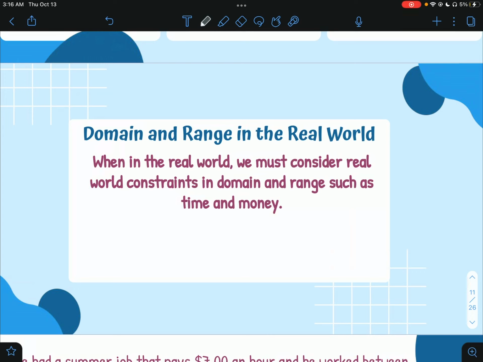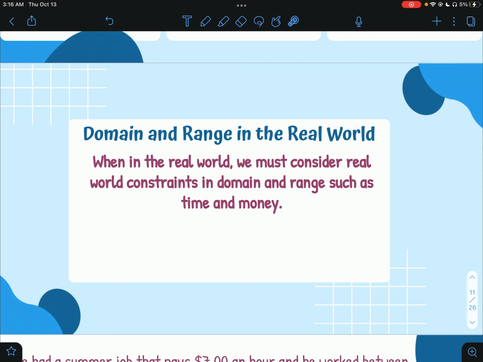Our last domain and range situation to consider is domain and range in the real world. And this is because of real world constraints or reality. We have to think about this realistically.